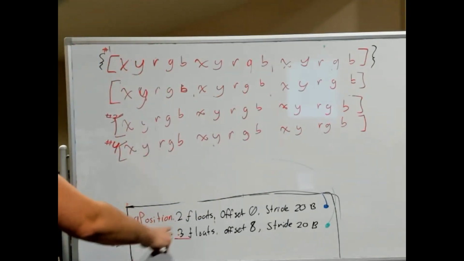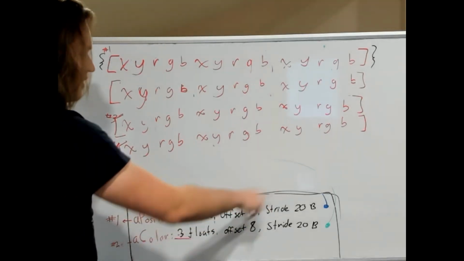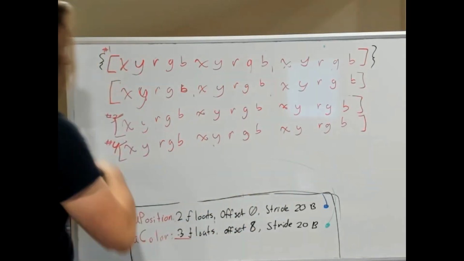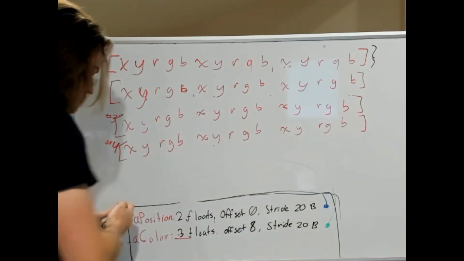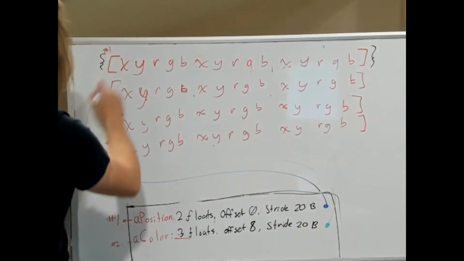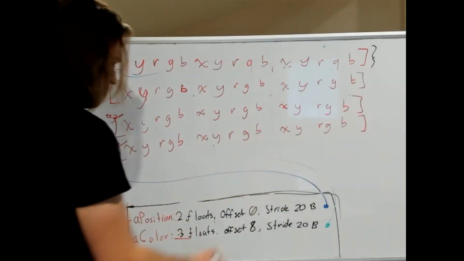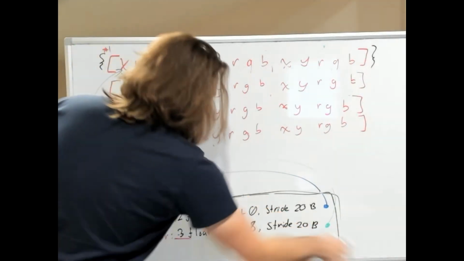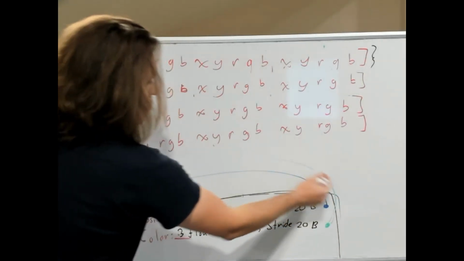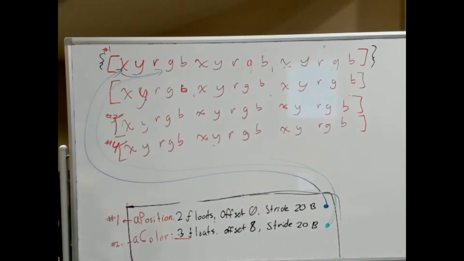So when I call vertex attrib pointer for position, 2 floats, offset 0, stride, whatever, my arrows will go up here. So that puts my arrow up here. It also does the stride thing. And then same for color. That one goes way up here. So that's what that does.